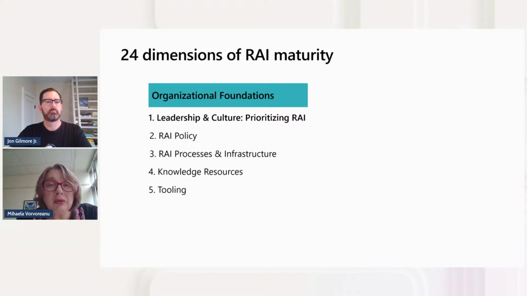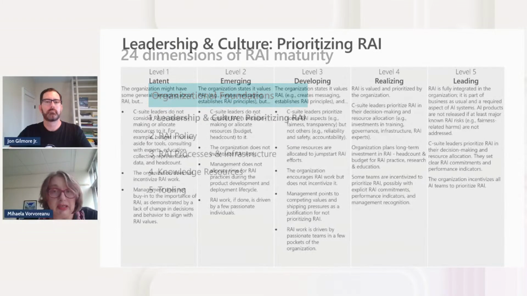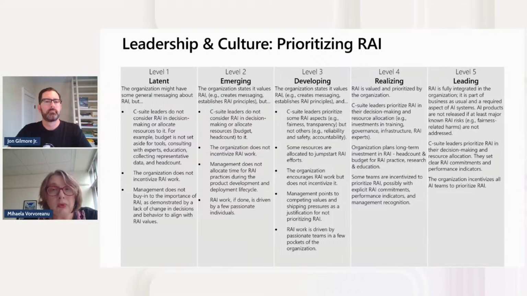But let's take a look at that first dimension for a second, leadership and culture, prioritizing RAI. So we won't read through everything here, but there are a few differentiators in maturity. As companies advance in maturity, what changes is not only how they talk about responsible AI and whether they have a set of principles, but also whether leadership incentivizes and invests resources in RAI.